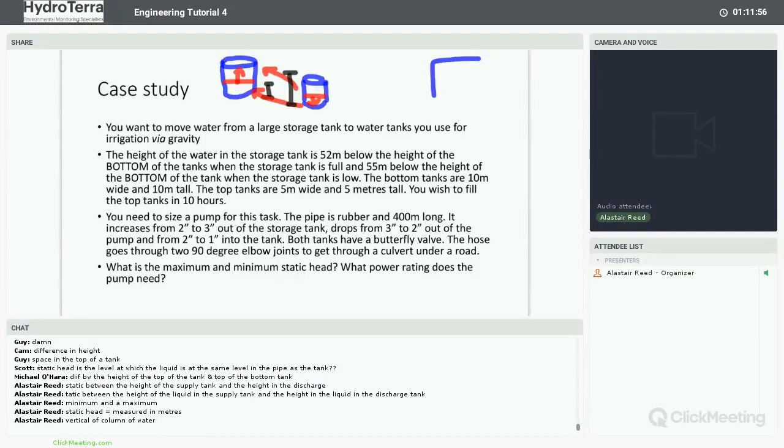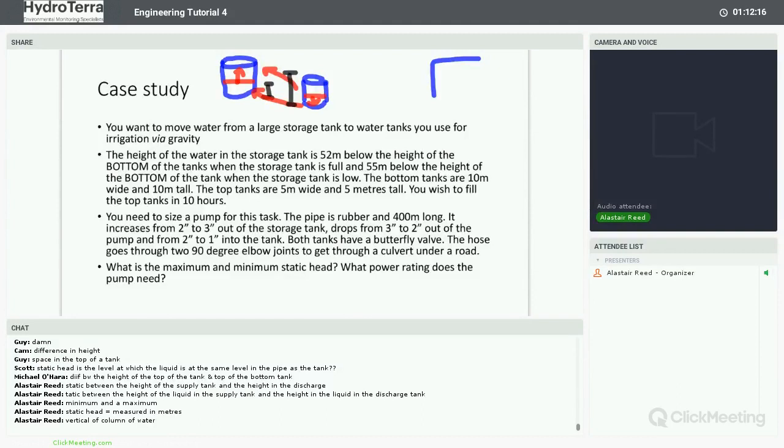So it's the amount of pressure that needs to be overcome, equivalent to pushing water vertically up into the air, or how much pressure a certain height of water will be exerting on something on the bottom. So that's our static head.